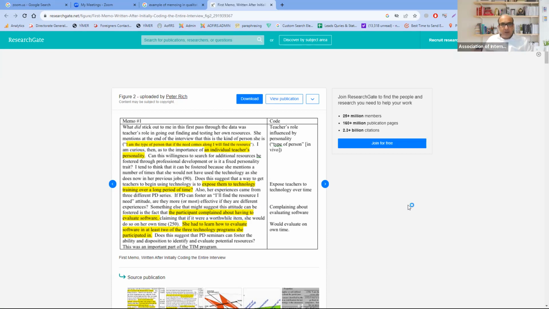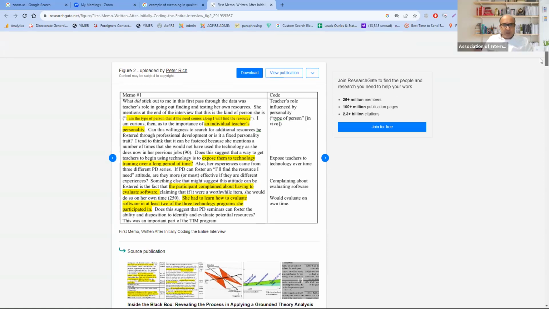One of the methods is called memoing. Memoing or coding. These are the two terminologies used. So I'm going to show you the example of how, and I just randomly picked it up as something from the internet, but we don't have the image like this in the book.